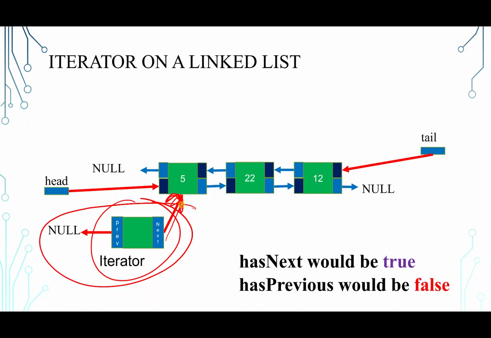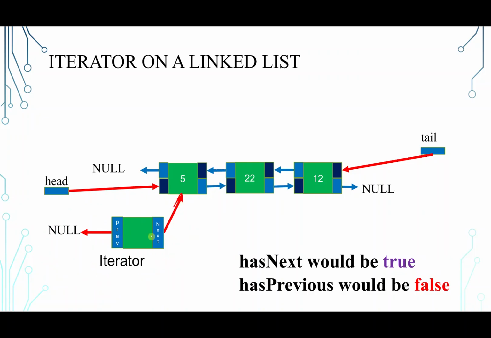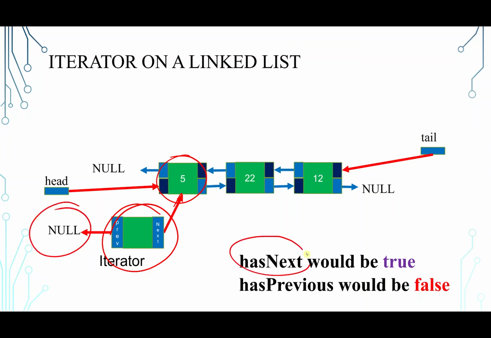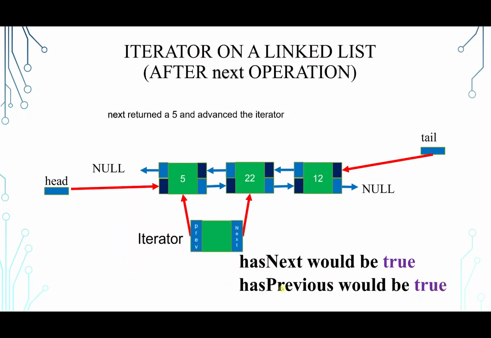So hasNext would be true, because does this have a next? Yes, it does. It has 5, the node that contains 5. It has a next. Does it have a previous? No, because it points to null. So hasNext would be true. hasPrevious would be false.